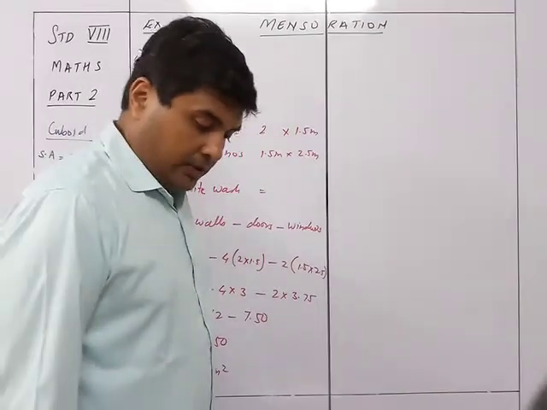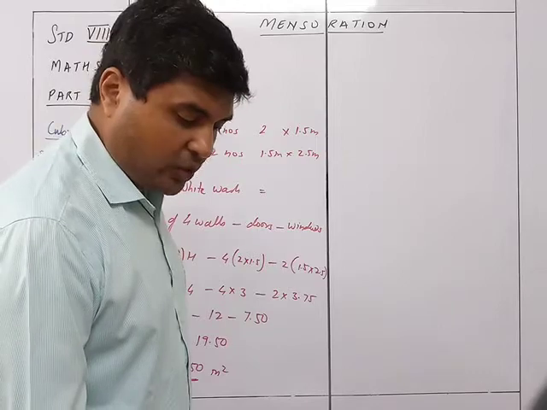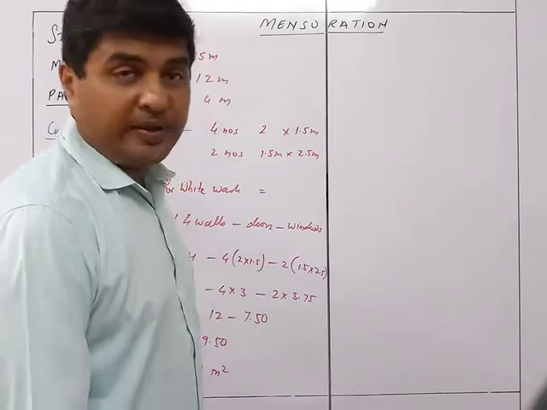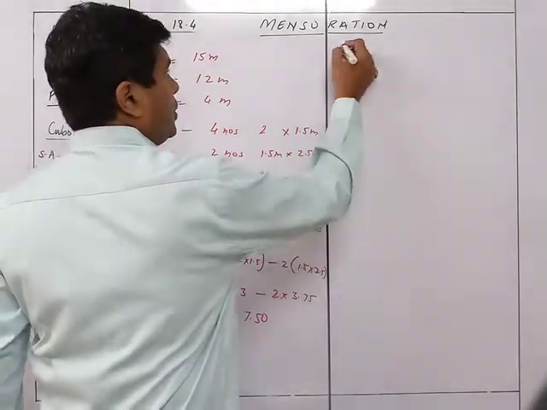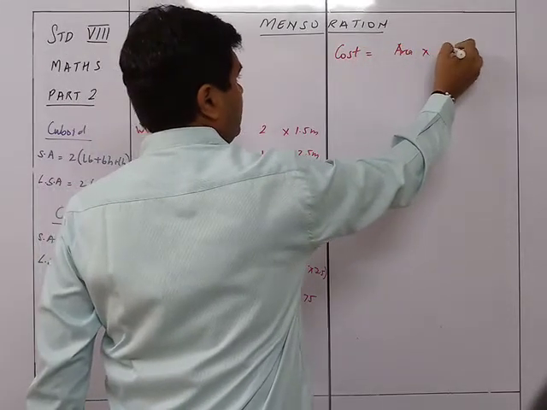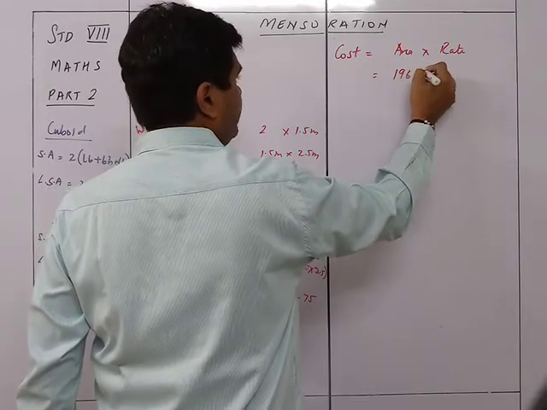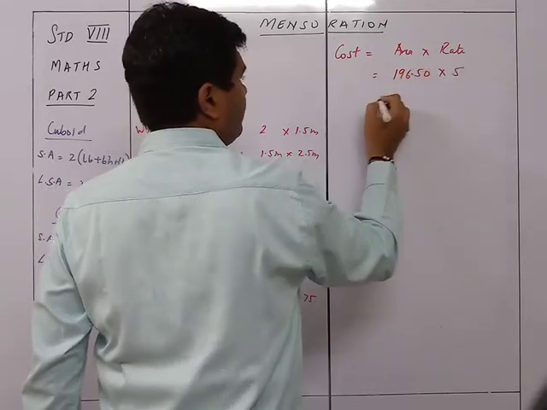Okay. Now they asked us what will be the cost if the cost is 5 rupees per meter square. So cost is equal to area into rate, which is nothing but 196.50 into 5.